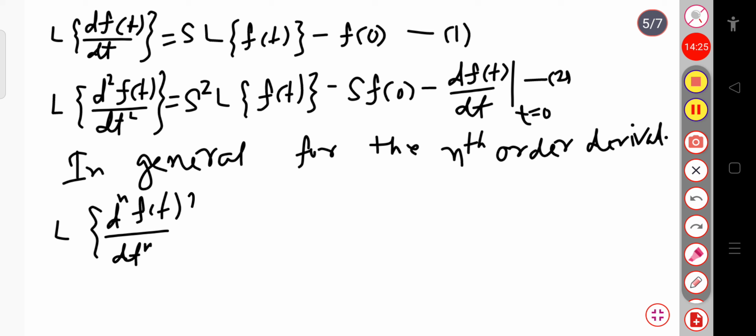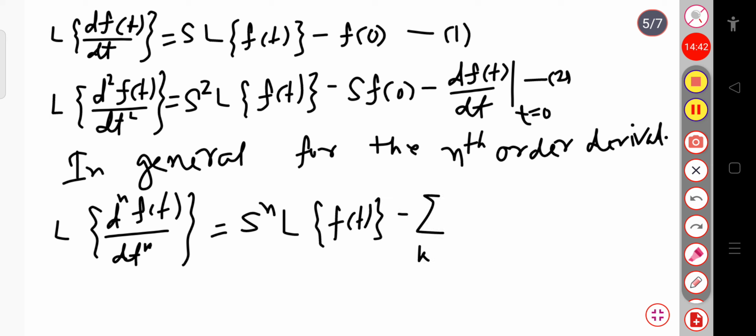This will be equal to s power n L of f of t minus the sum over k equal to 0 to n minus 1 of f kth derivative at 0 times s power n minus k minus 1. Okay.